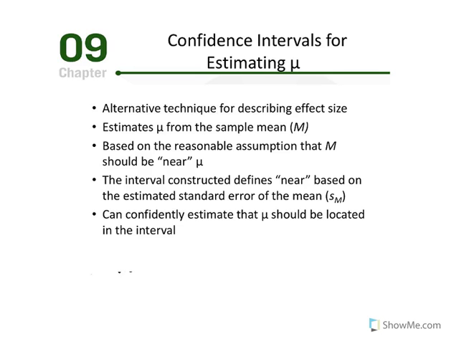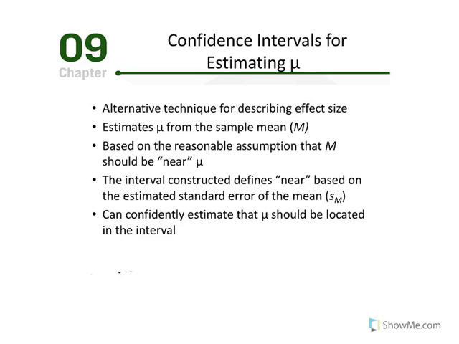So again, the confidence interval is an alternative technique for describing effect size. It estimates mu from the sample mean. Again, if we're selecting a sample, inferential statistics says that we can use that to infer something about a population. So now we're going to try to estimate what the true treated mu would equal, or mu of the quasi-independent variable condition would equal.